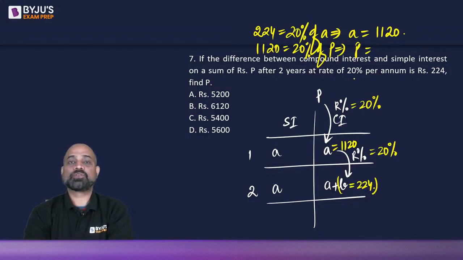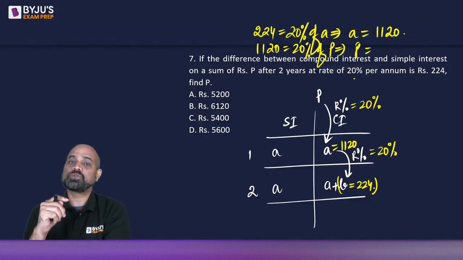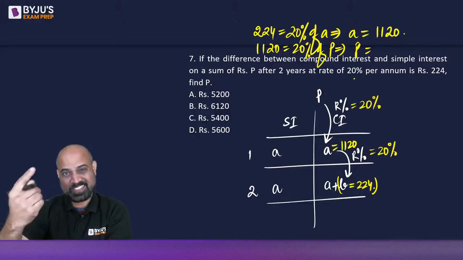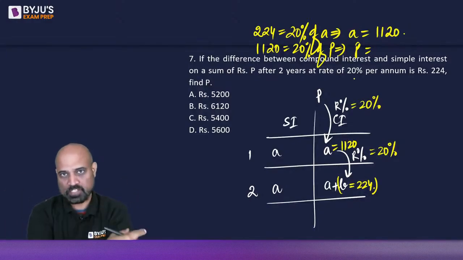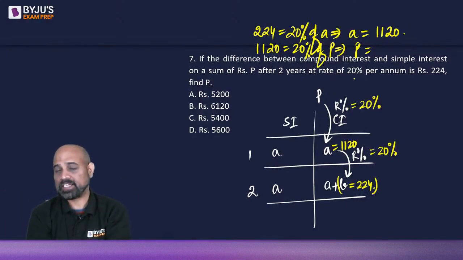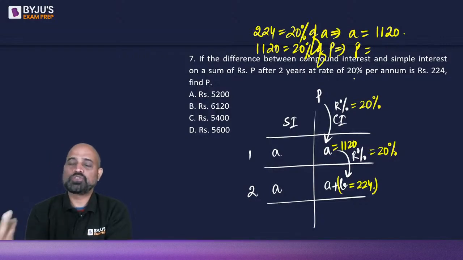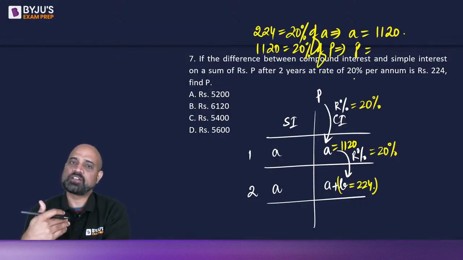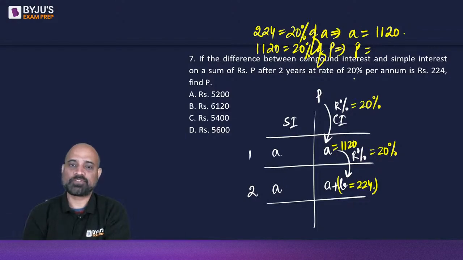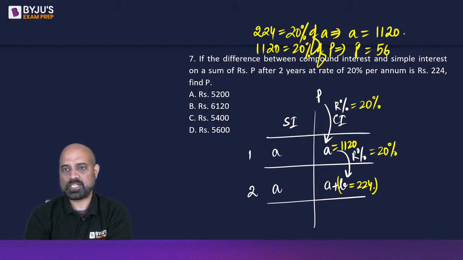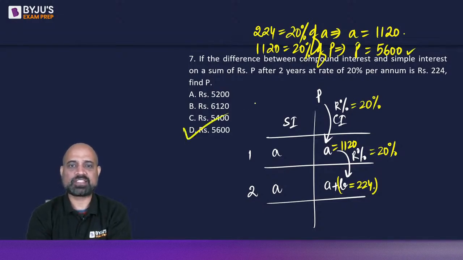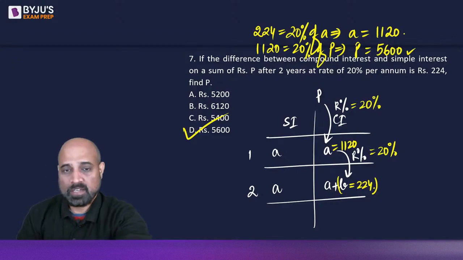So the principal is going to be 1120 into 5, because 20% is 1 by 5. So that 5 goes to the left hand side and it gets multiplied. So 1120 times 5 is 11,200 by 2, which is 5,500 plus 100, 5,600. Or 1000 into 5 is 5,000, 120 into 5 is 600. So 5,600 becomes our answer.